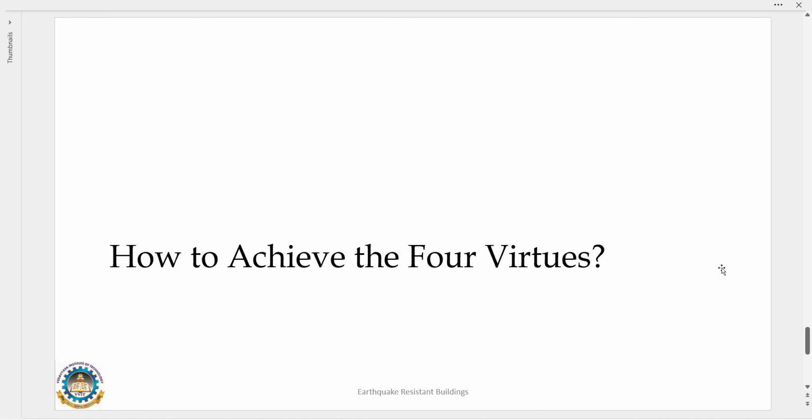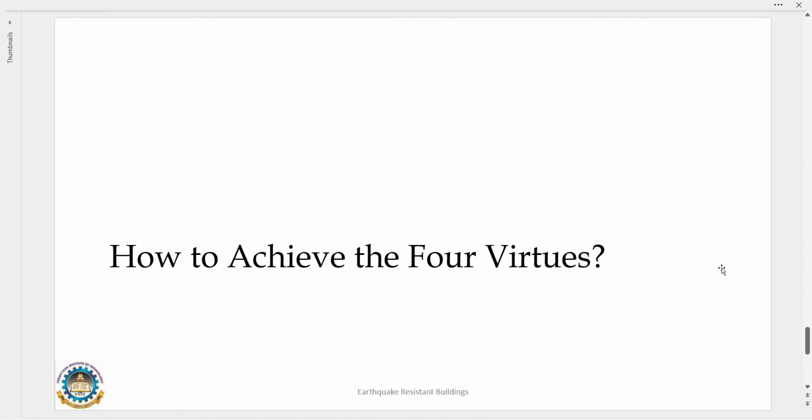The different stages are conceptual design stage, design development stage through peer review of the structural design, and construction stage. In all these stages, we have to check the structural resistance towards earthquake seismic loads, and in the construction stage we also have to check quality and quality assurance.